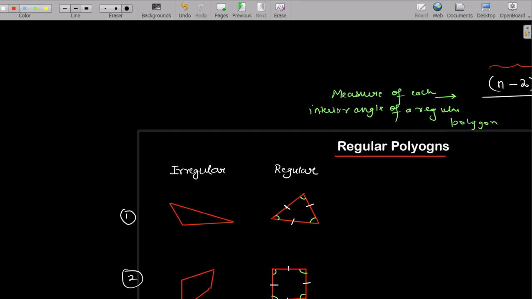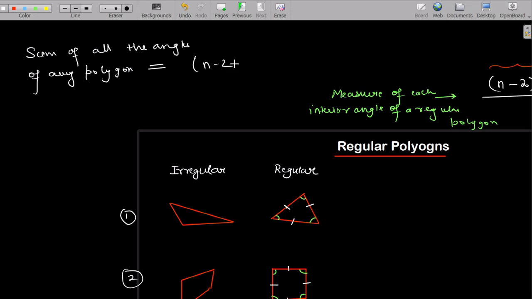The sum of all the angles of any polygon is given by n minus 2 times 180. This will work even for an irregular polygon.